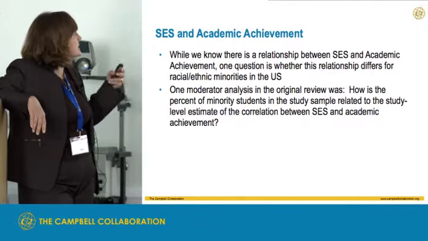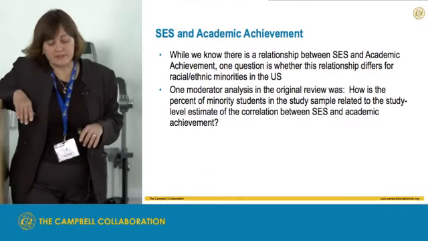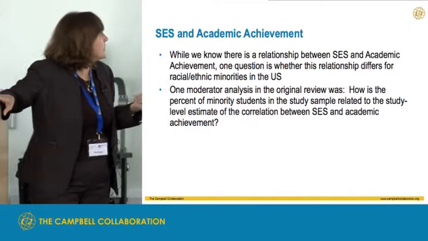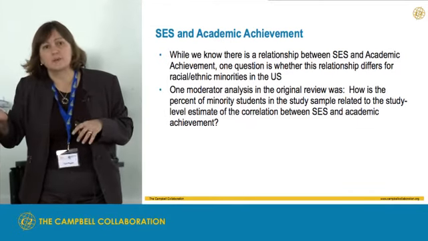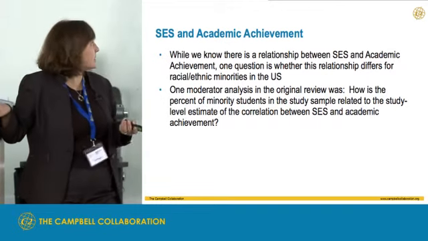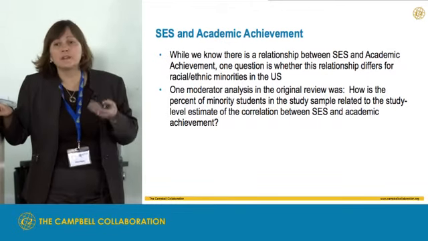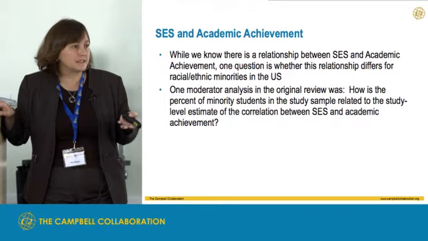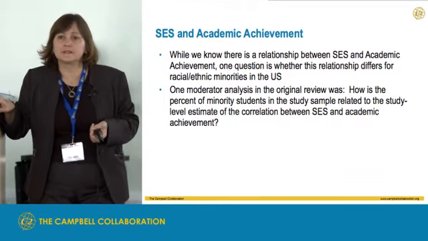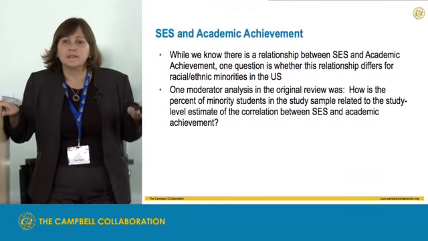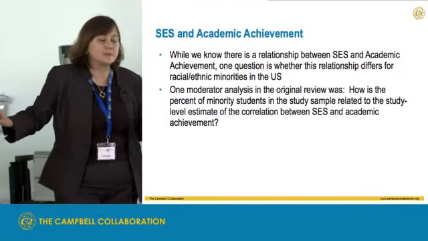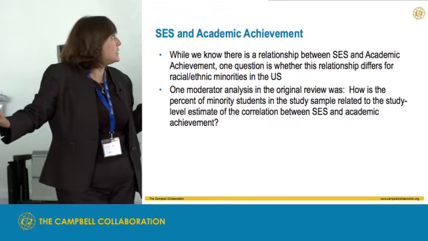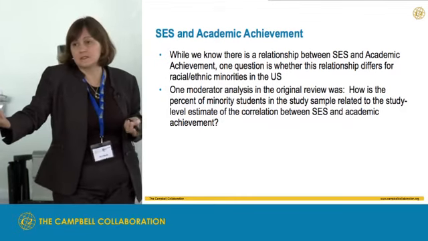So the question in this particular meta-analysis was whether we know that there's a relationship between SES, socioeconomic status, and academic achievement in the US. Okay. And so one of the moderator questions that was asked in this particular meta-analysis was whether or not the magnitude of that correlation differs depending on the percentage of minority students in the sample.